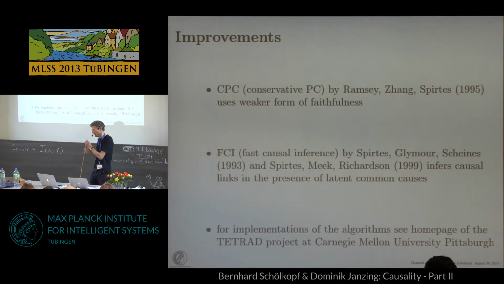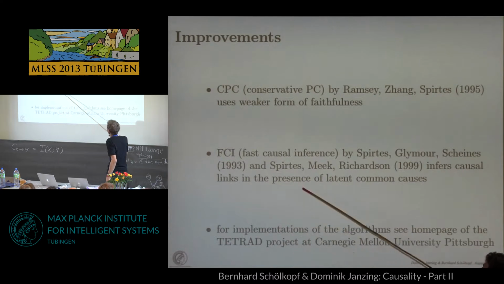Because if you recall how faithfulness enters into the algorithms, then you can easily imagine that it's not really robust. So you orient a lot of edges, and then you orient further edges based on the assumption that you don't want to create cycles. So you can easily have further errors if you have some wrong orientations in the first place. Okay, and so this algorithm uses a weaker form of faithfulness and is therefore more robust.